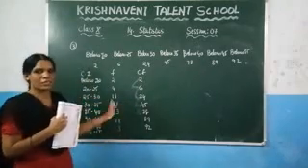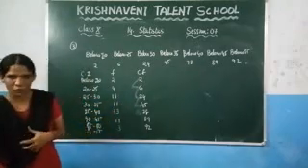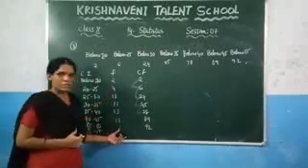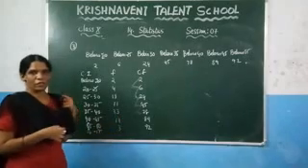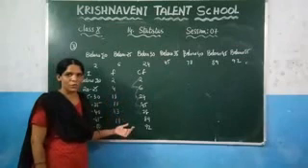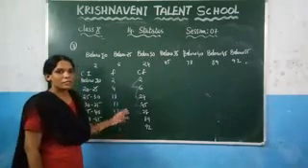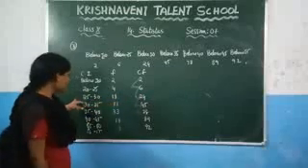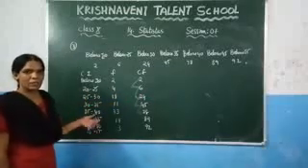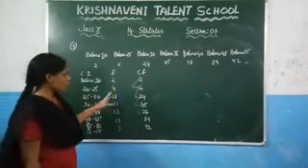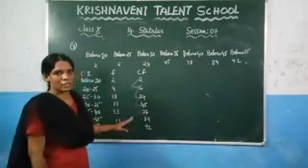From this you can follow the same procedure we have done before. Just add the sum of the frequencies, and after that you can check the value of n. Since the median value is not given, you need to find the value of n by 2, check which range that n by 2 value lies in, and the corresponding class interval will be the median class. From that you can calculate the value of n, f, and everything by seeing this table.